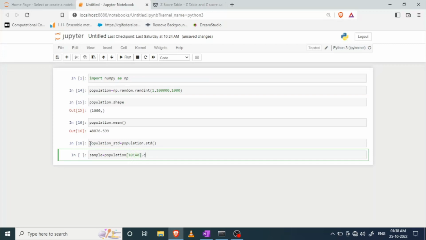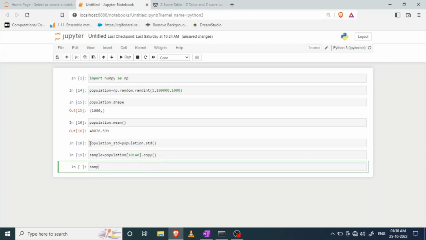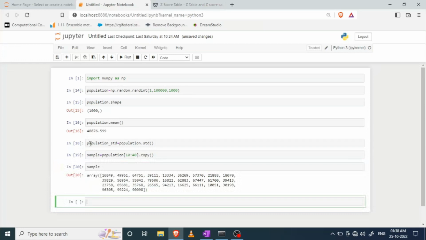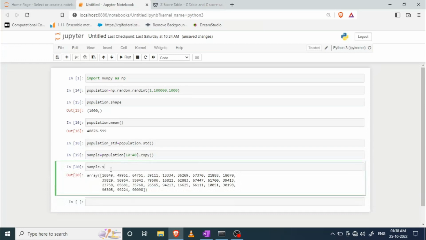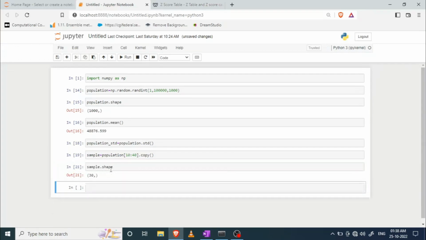So these are some of the numbers, and I'm going to copy this value in the samples. So I have a sample like this, as you can see here. Currently I have some values. Let me check how many values I have. So we have 30 values. So as you can see here, n, the number n, is equal to 30.